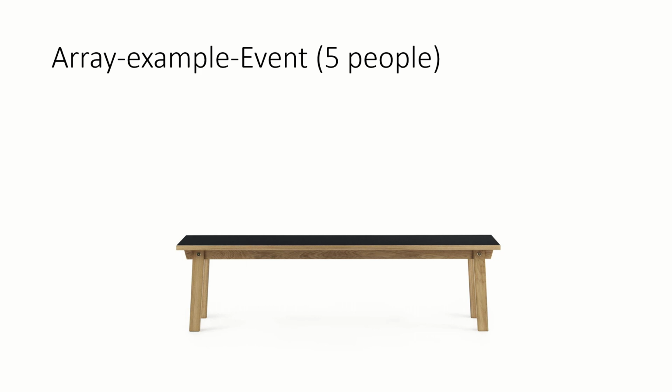Okay. Then we talk about array. So we know array or array list, they basically have a fixed size, right? So I gave the example, say, okay, there's a bench. This bench only allowed 5 people to sit. What if there's two additional people come? So basically there's 7 people, right?